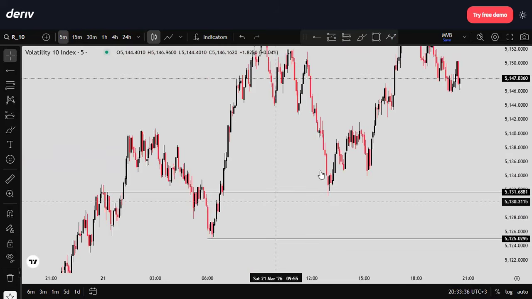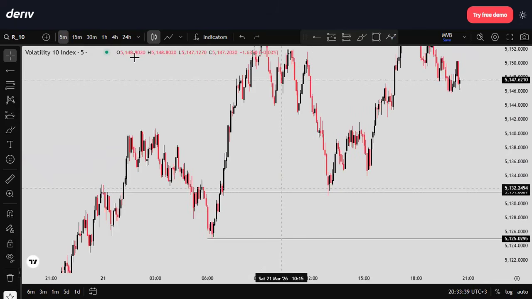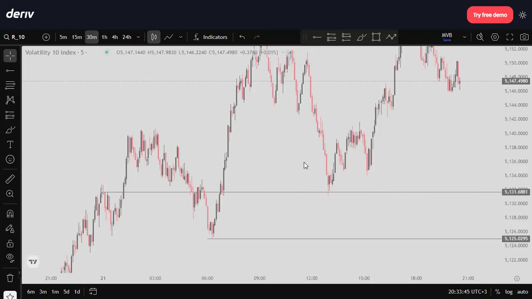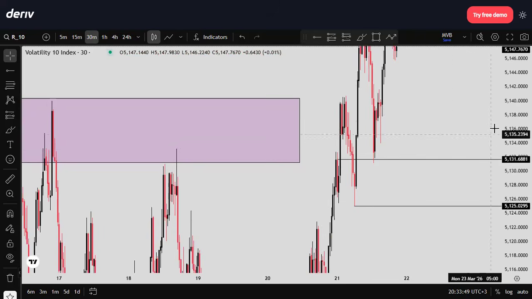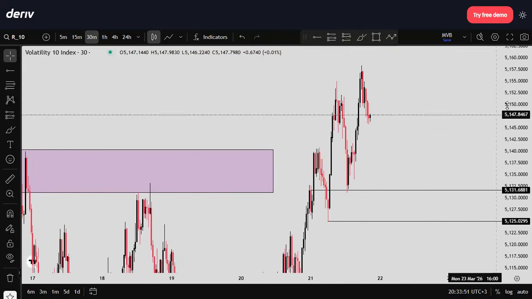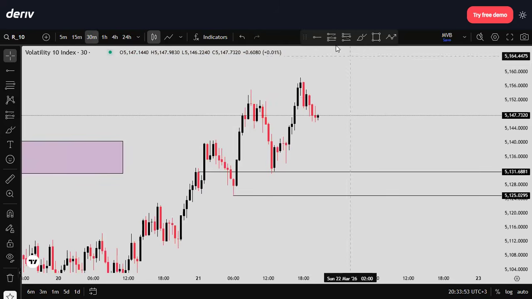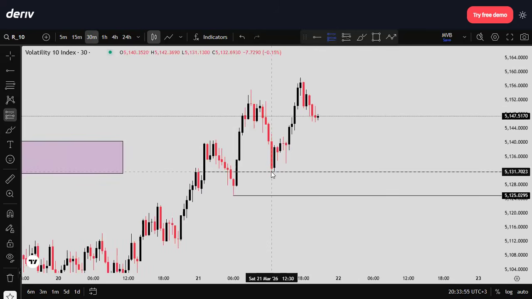I just went with that level because I know when the market does such a thing, most of the time the market ends up at that level. So I placed my order there, and it was just an easy entry.